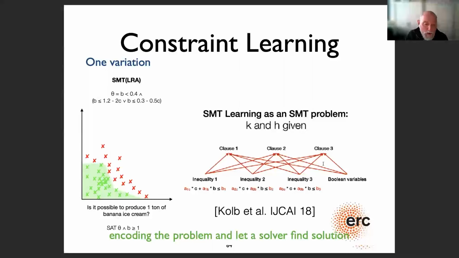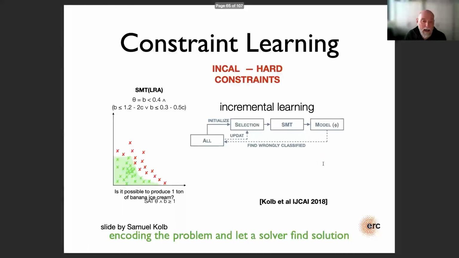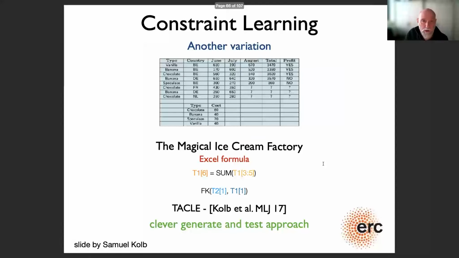Then you encode your examples in that format into a model for a solver, and you let an SMT solver find the solution. And then there are incremental versions of that that will more rapidly find the models. So a first way to learn constraints is to use a constraint solver to actually find the solutions to that.